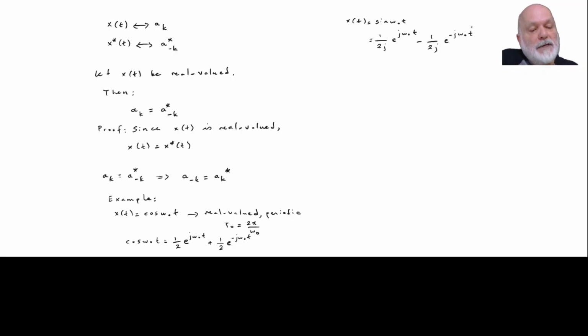Now again, we see that we have two frequency components, omega 0 and minus omega 0. The complex exponential functions have those frequencies, the positive frequency and negative frequency, and the coefficients also satisfy the condition we have just obtained.